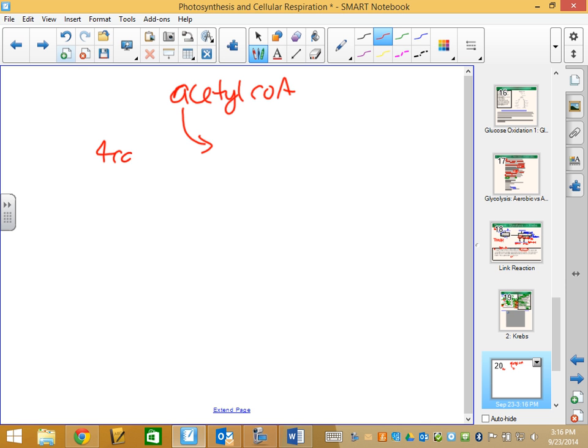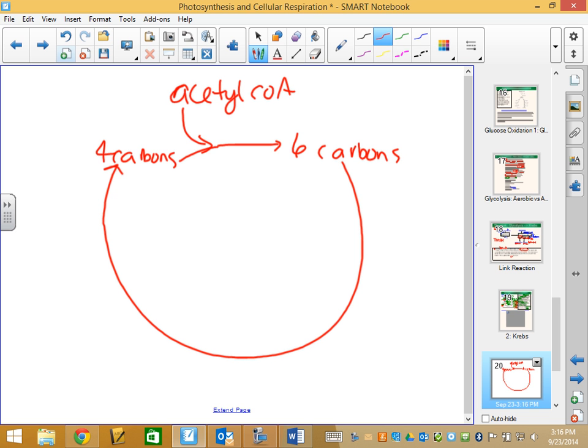It joins something that has 4 carbons, and they make something that has 6 carbons. The names of those other compounds are not things that you're going to have to know. We're just talking about how many carbons. Then this 6-carbon compound is going to get oxidized and eventually turn back into the same original 4-carbon compound.